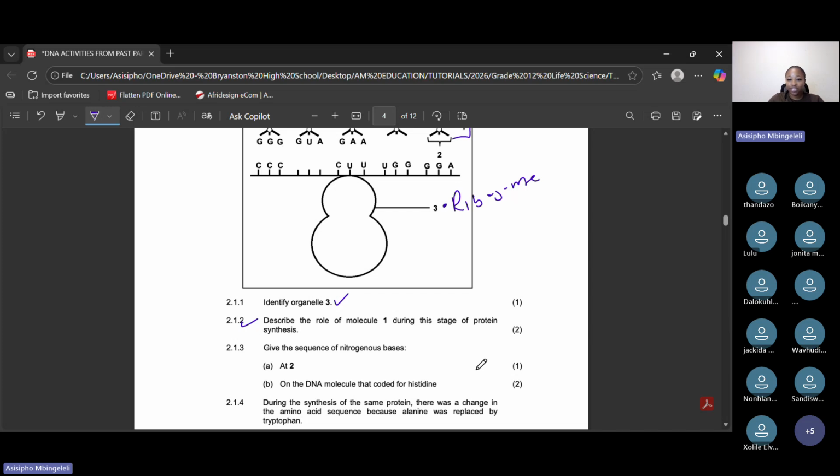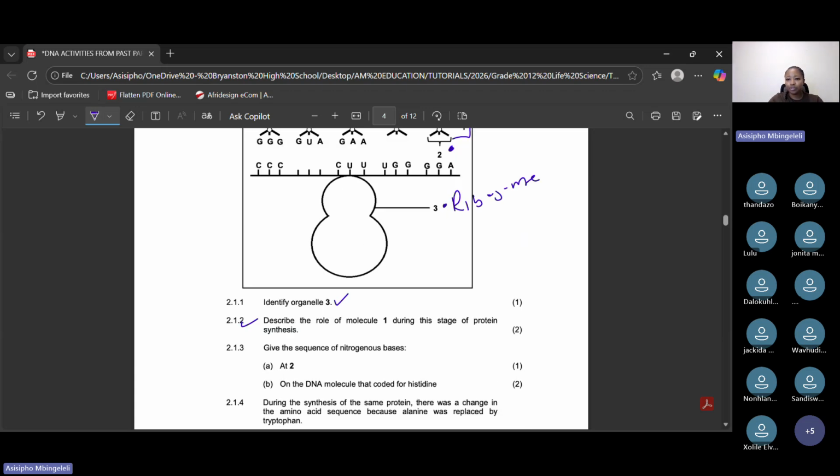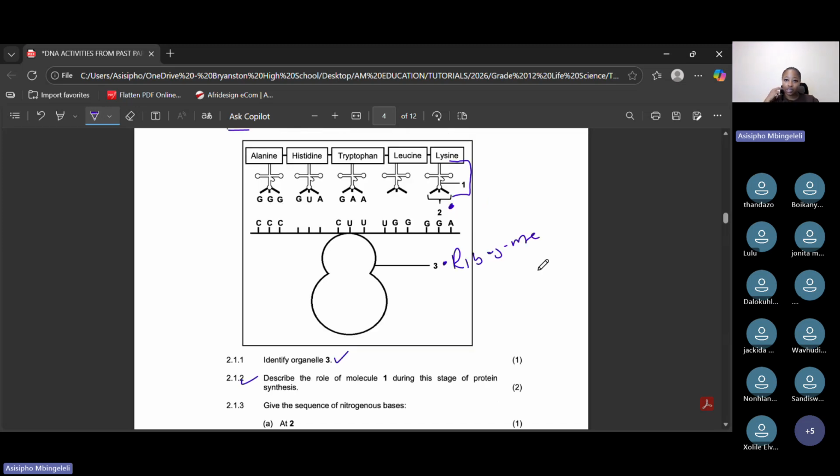Give the sequence of nitrogenous bases at 2. Where is 2? There is 2 over here. For 1 mark, give us the sequence of nitrogenous bases. I don't want people to join the meeting and not talk, guys. Okay, CCU, Lelam has answered CCU. Let's figure it out. So the bases at 2 are basically anticodons.